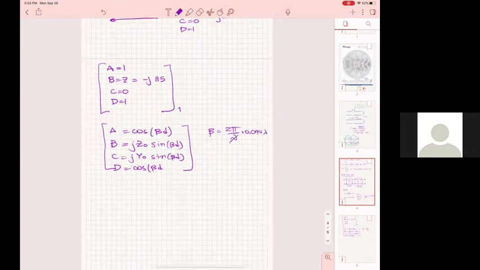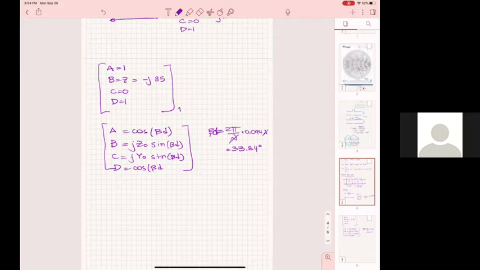So practically, if 2 pi is 360 degrees, 0.094 times 360 gives me about 33.84 degrees.